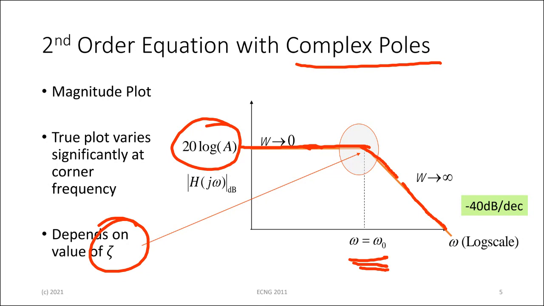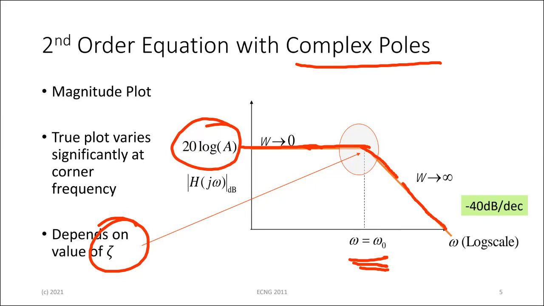Everybody following me so far? Everything behaves like a second order transfer function once omega is much less than the corner frequency, or omega is much greater than the corner frequency.